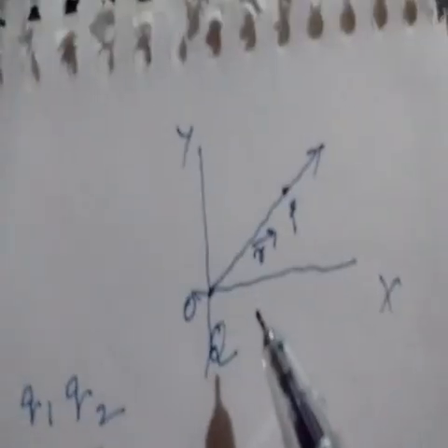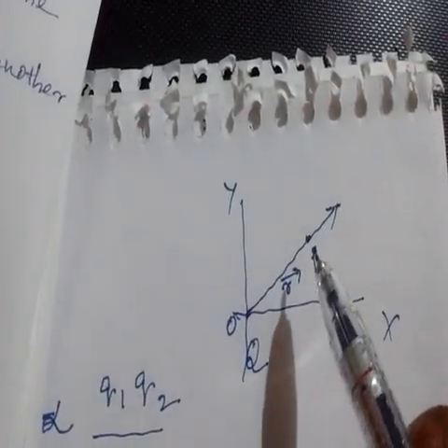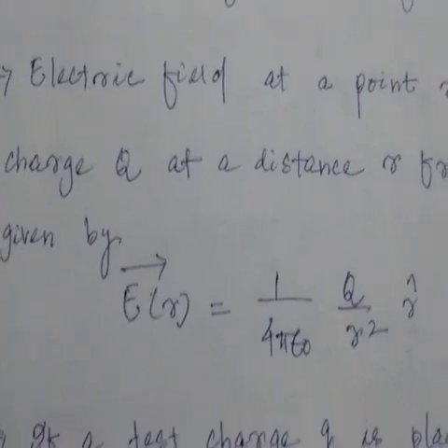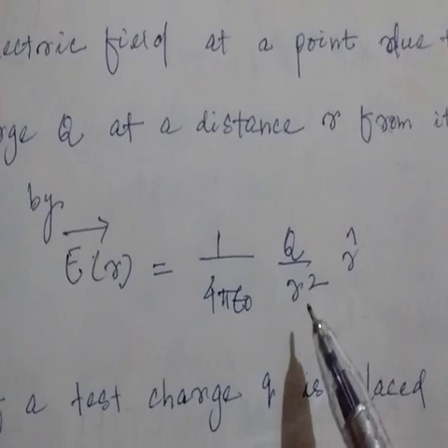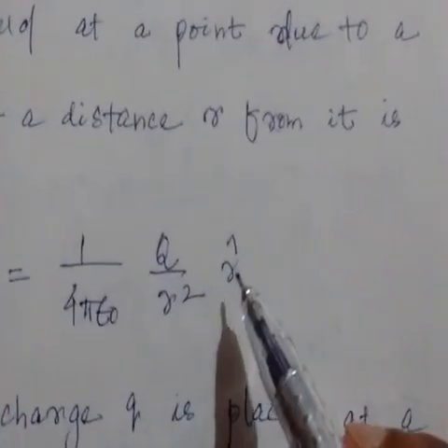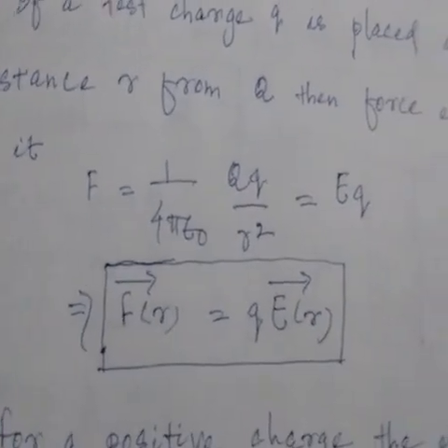The magnitude of the position vector is R. So the formula says E of R is equal to 1 by 4 pi epsilon naught Q by R square R cap. Of course, R cap is the unit vector along the R vector.